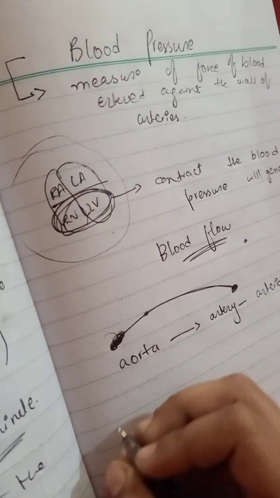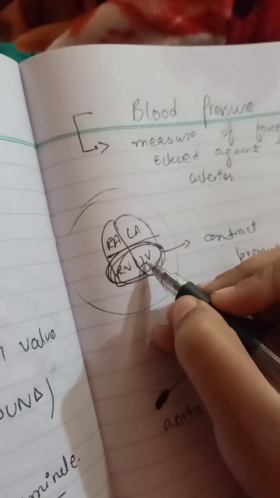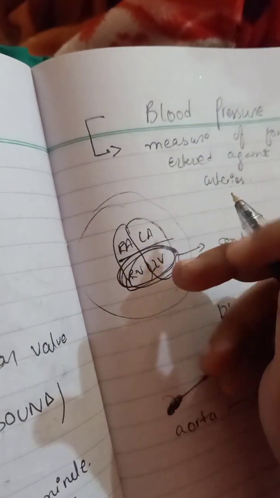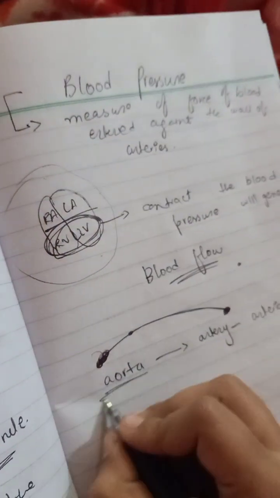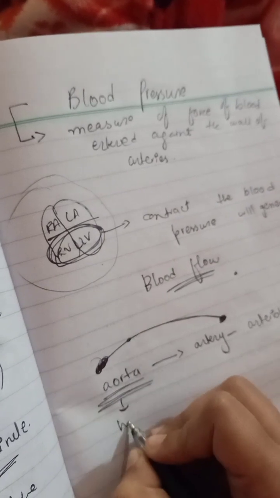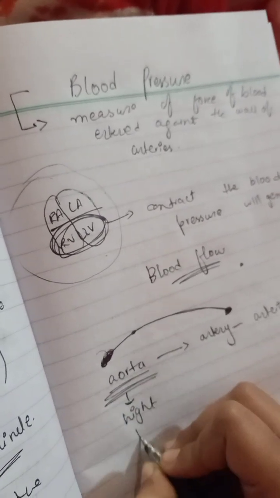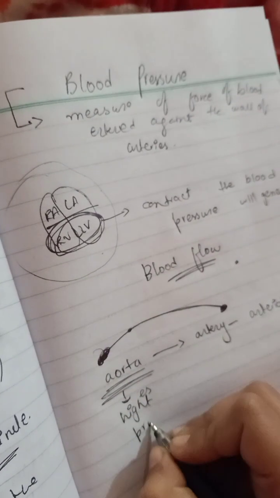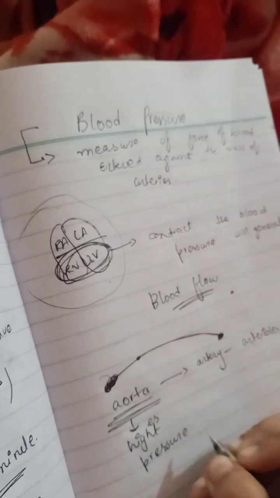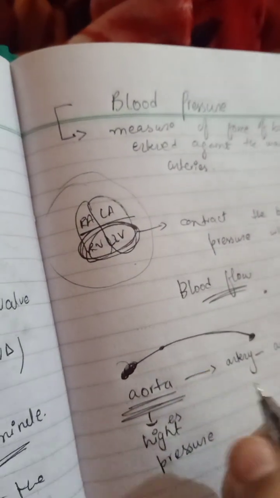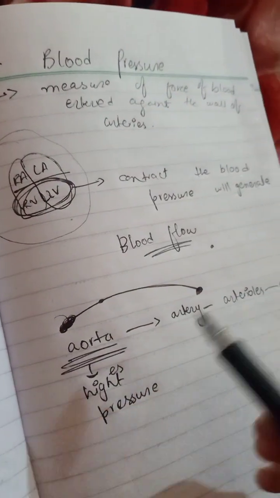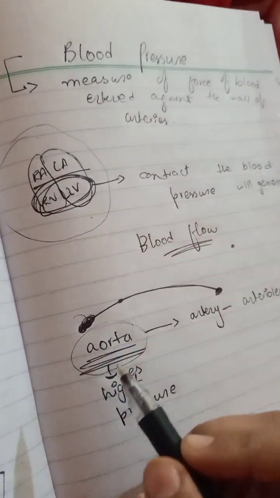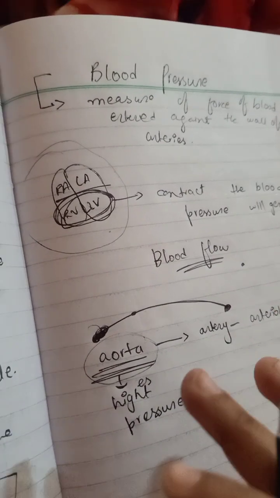From the left ventricle the blood moves toward the aorta, then arteries, then arterioles. As compared to the others, the aorta has the highest pressure, because the blood moves from the ventricle to the aorta first, then to other vessels. That's why the pressure is high there.